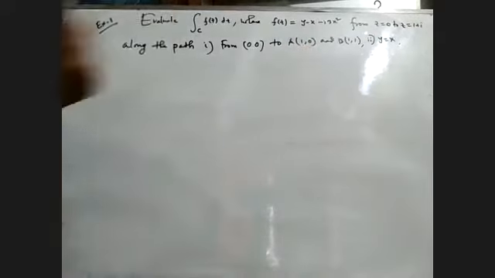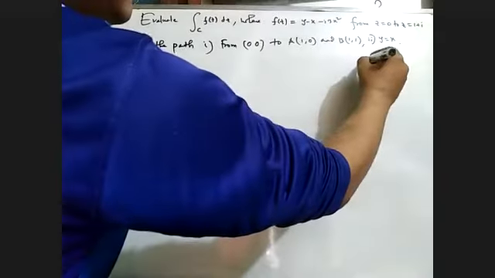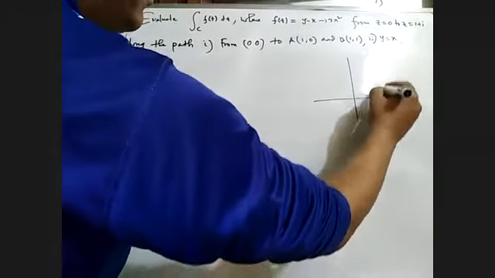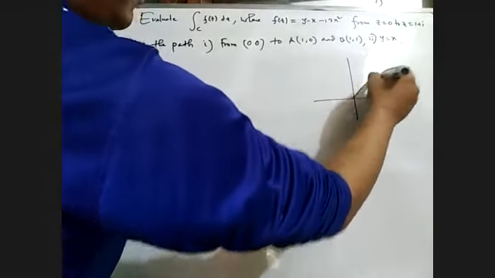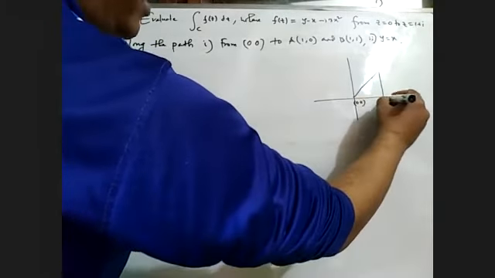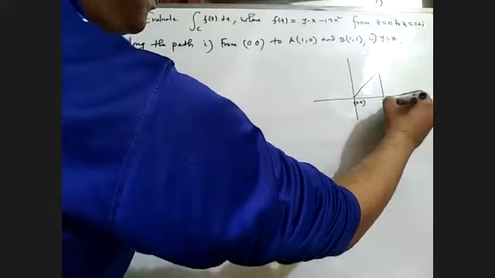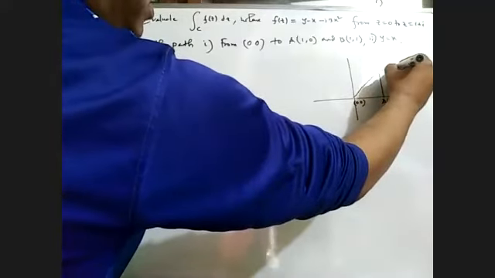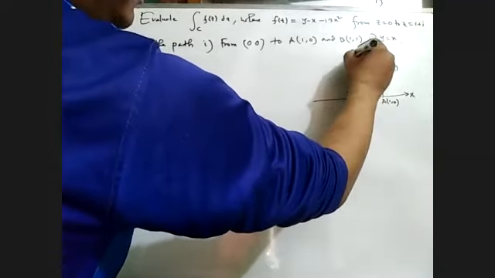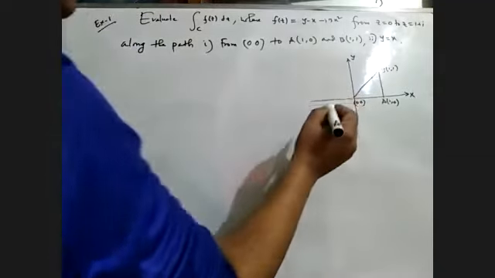Okay, we can draw this. Suppose this is the x-axis and y-axis. This is the point 0, 0 and a point 1, 0, and this is the B point. This is the real axis and this is the imaginary axis.